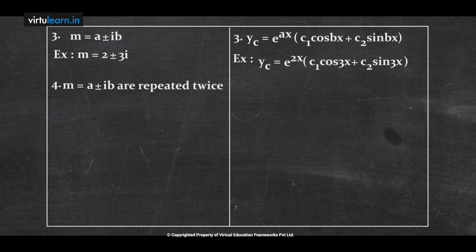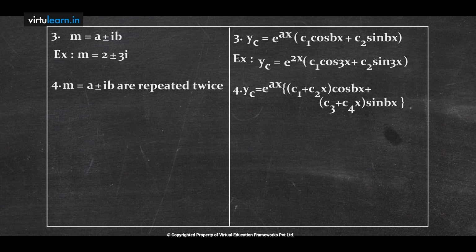Two times we are getting the same roots, complex roots but repeated. The formula is yc equals e power ax, open bracket, c1 plus c2x into cos bx plus c3 plus c4x into sin bx. This is the formula.